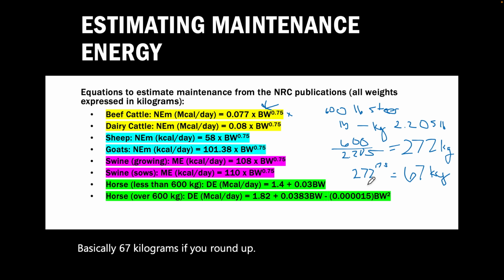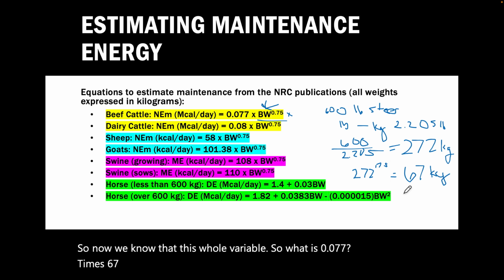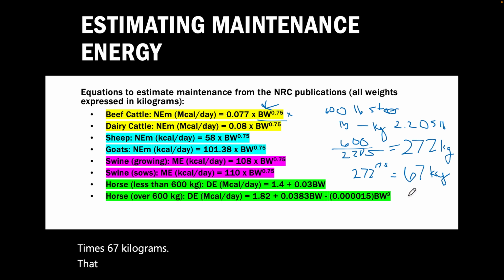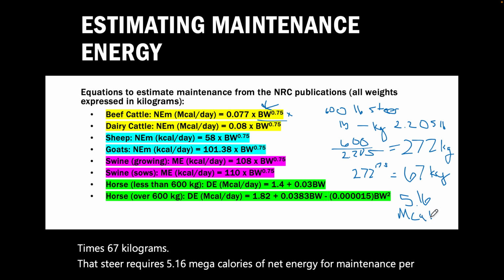So now we know that this whole variable, what is 0.077 times 67 kilograms? That steer requires 5.16 megacalories of net energy for maintenance per day just to meet their maintenance need.